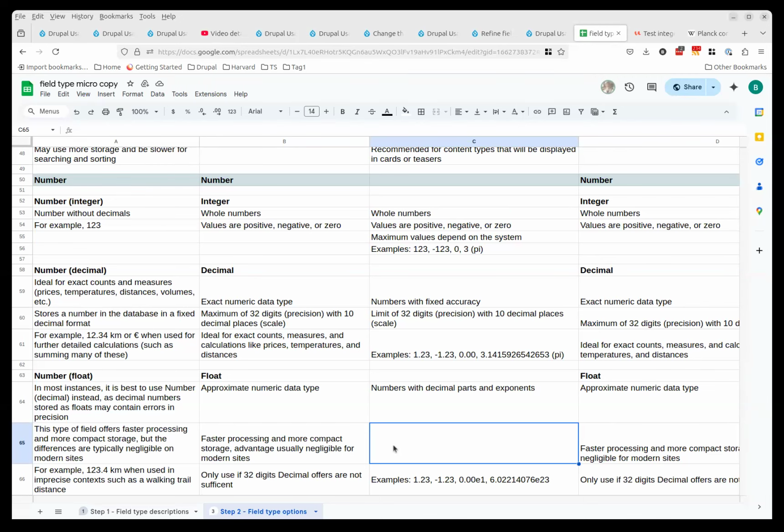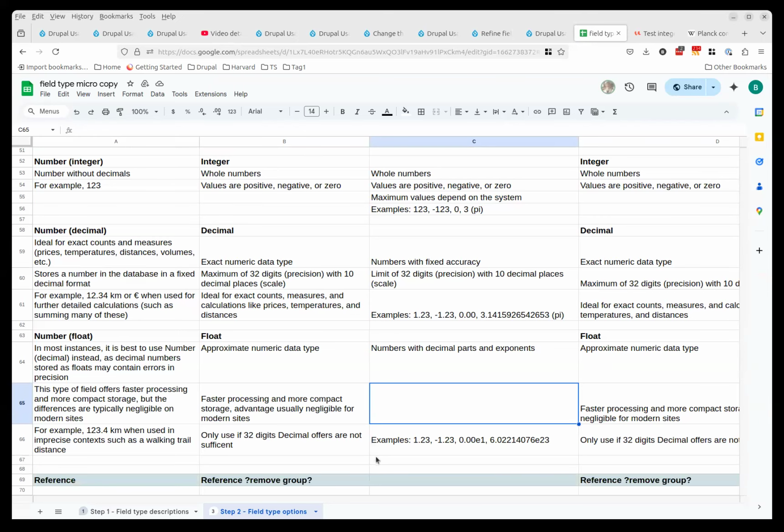And say something like no limits, or the only limits are provided by the system, as a starting point.